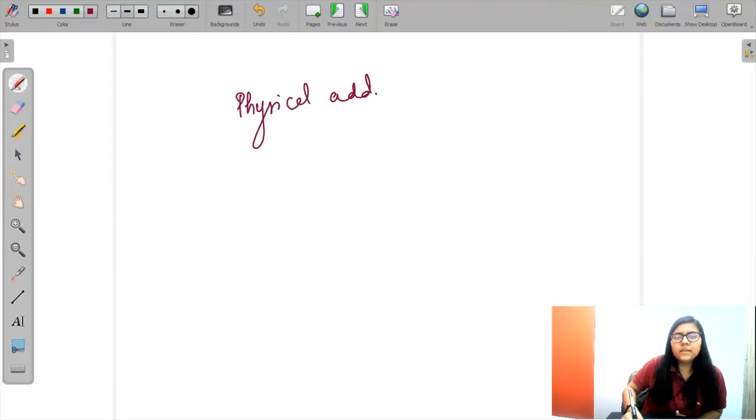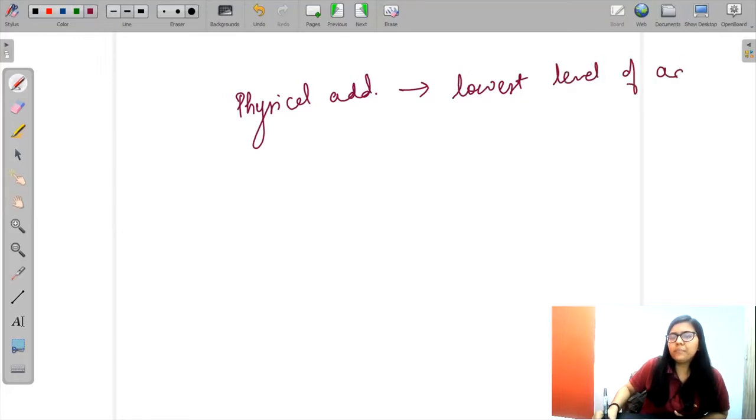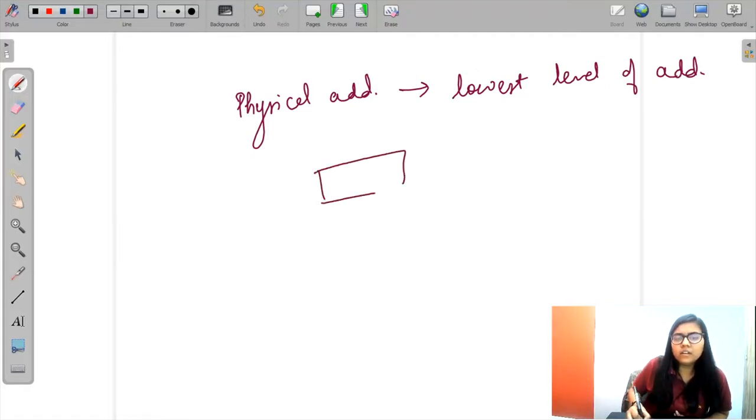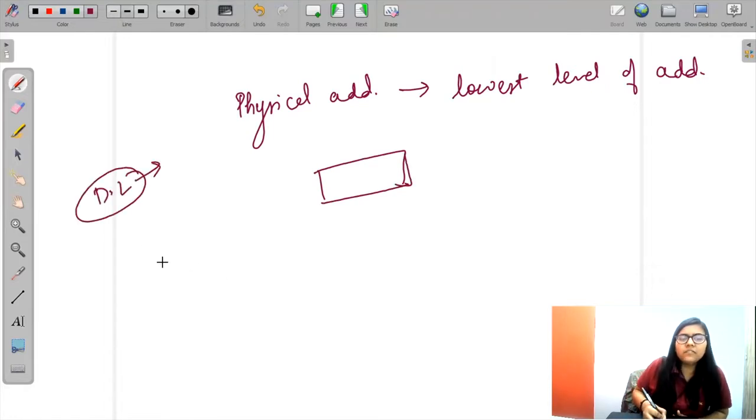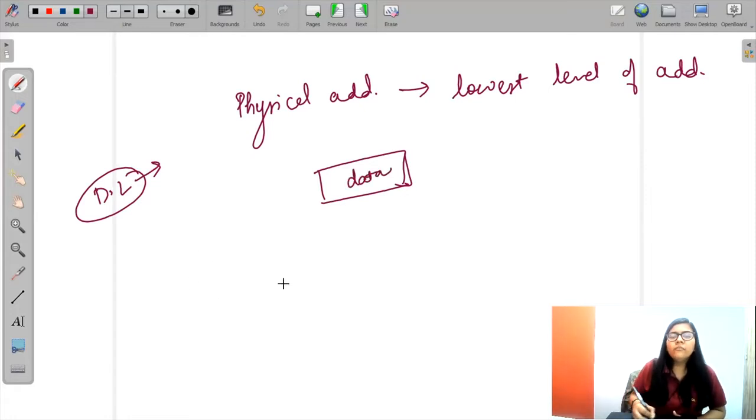Now, if I specifically discuss physical addressing, it is the lowest level of addressing, right? In the data link layer we discussed that the bits are converted into frames, right? So with the data which is in the form of frames, one header is added which contains the addresses of the destination link and source link.